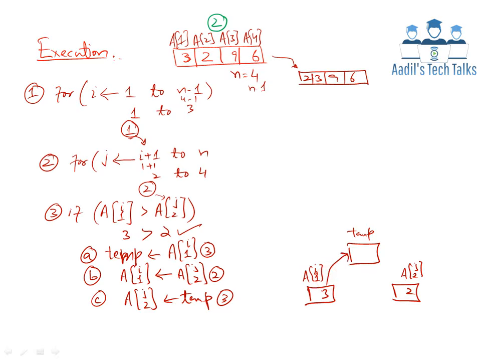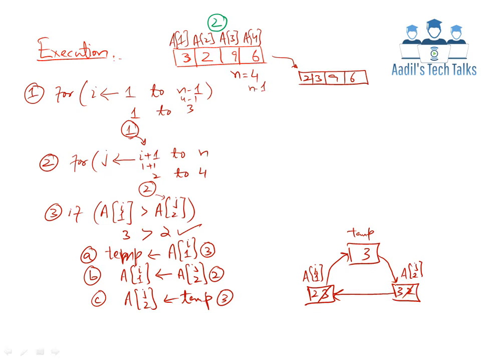Temp gets ai means this 3 is copied there. Okay, copied. Step number 2: ai gets aj. The value of aj is copied onto ai, so 2 is overwritten on 3. Now the third step is an arrow from temp to aj. This means the value of temp, which is 3, is copied onto 2.